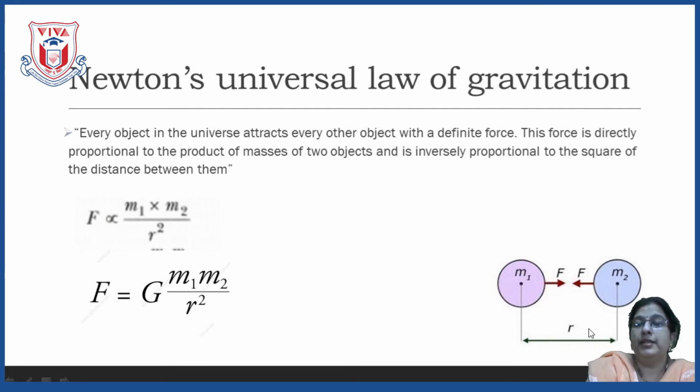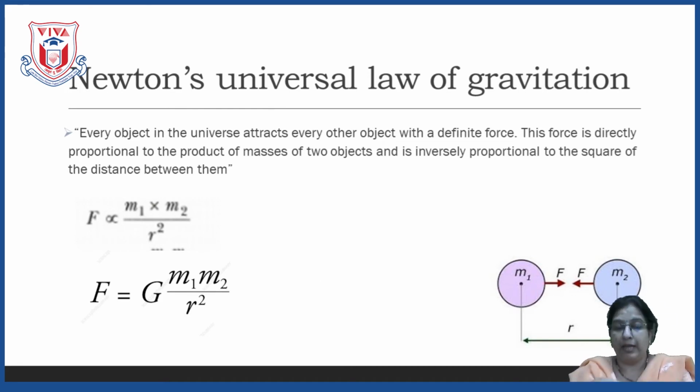Now, if the distance between m1 and m2 increases, what will happen to the force in between them? The force in between them decreases. Just see children, if I take two magnets in my hand, when they are closer to each other, there will be more magnetic force in between them.